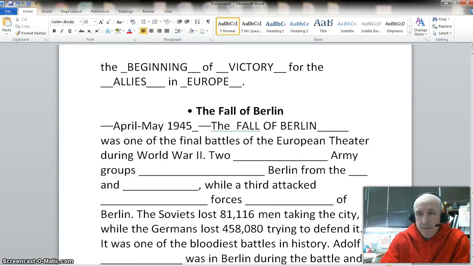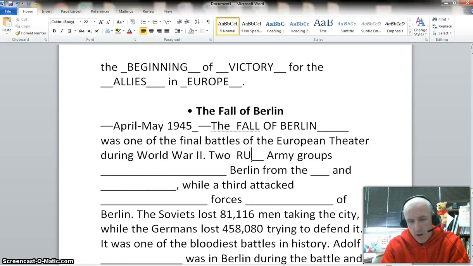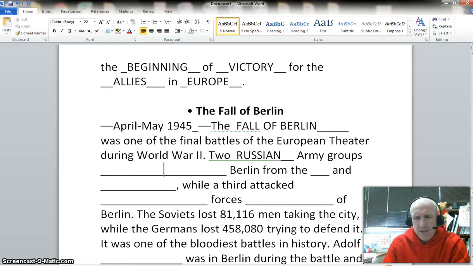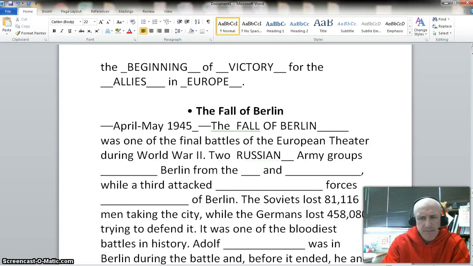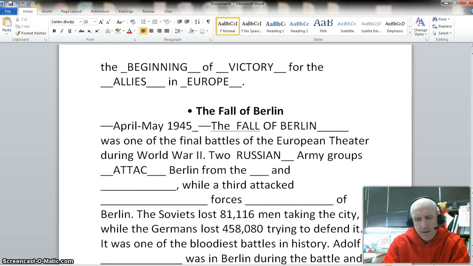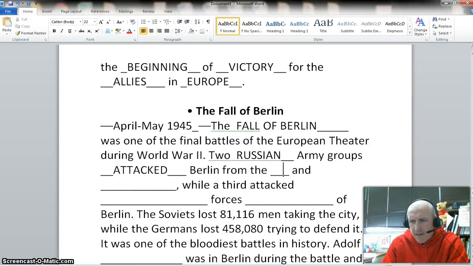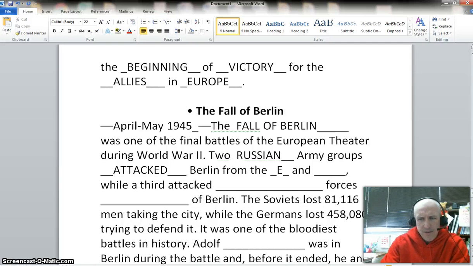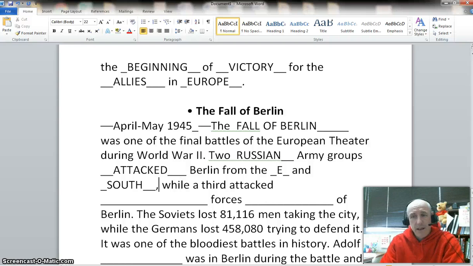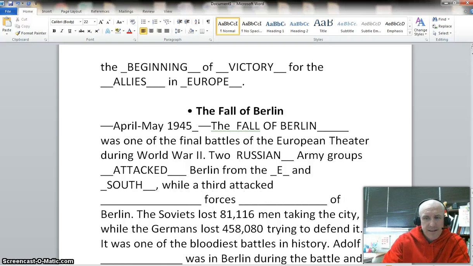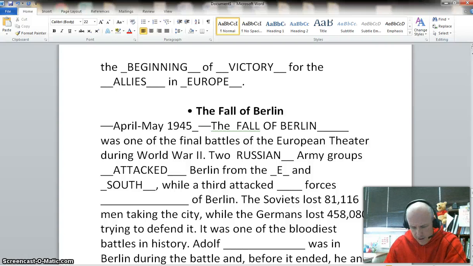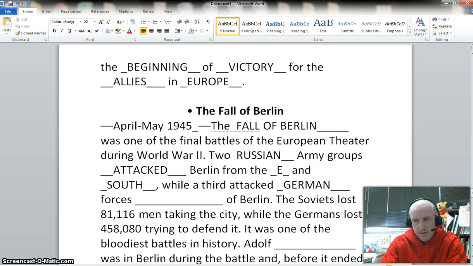And basically, this is what happens. Two Russian army groups attacked Berlin from the east and south, while a third attacked German forces north of Berlin.